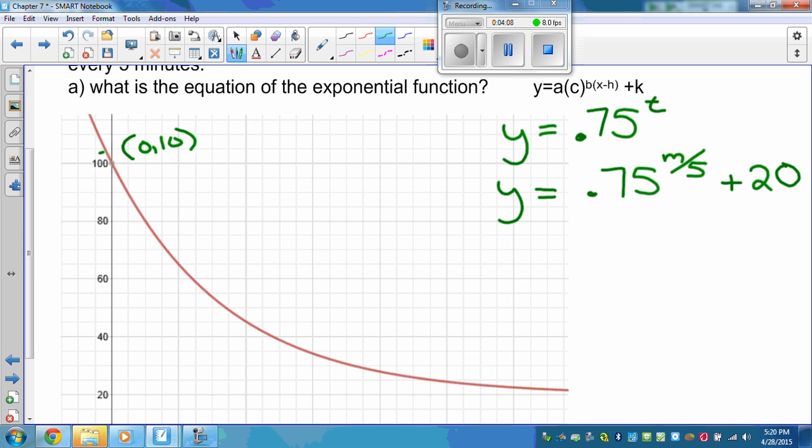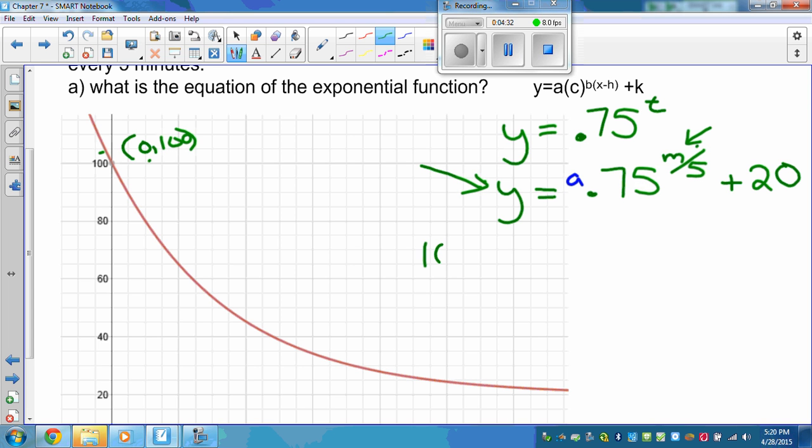We know that there's some a value. We want to figure out what that a value is, so we're going to sub in the values 0 and 100. So 0 goes here, and 100 is the value of the function at 0.